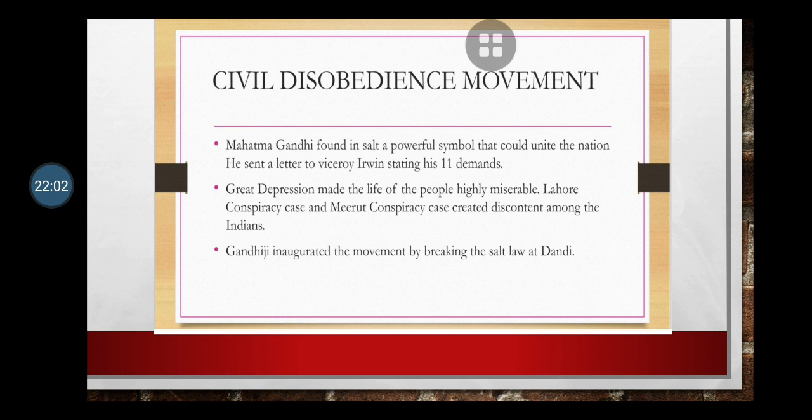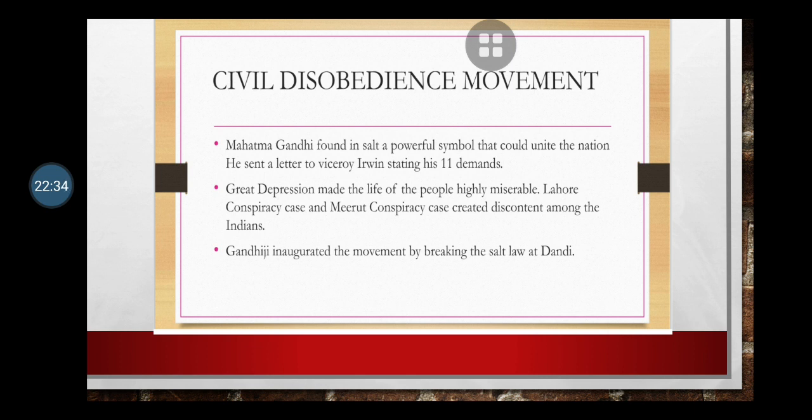After the defeat of Ottoman Turkey in the First World War, the Khalifa, who is the head of the Islamic world, had to step down, and harsh conditions could be imposed on Ottoman Turkey, which they were protesting against. So Muhammad Ali and Shaukat Ali and Gandhiji met, and they started the non-cooperation Khilafat movement. I just did not discuss that earlier.